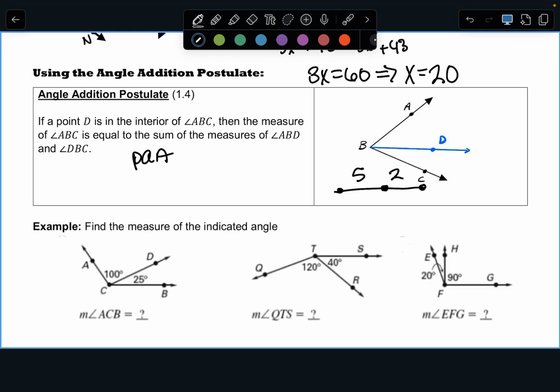Small angle plus small angle, or part plus part, will equal your whole angle. So this degree measure plus this degree measure is going to equal your whole angle ABC. You add them together to get the whole thing. Are we good over there?